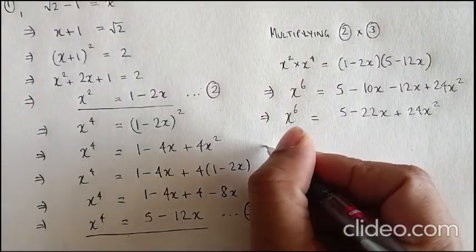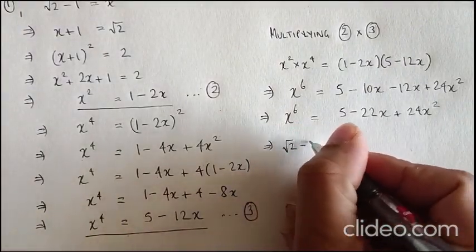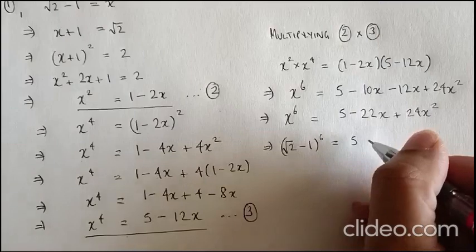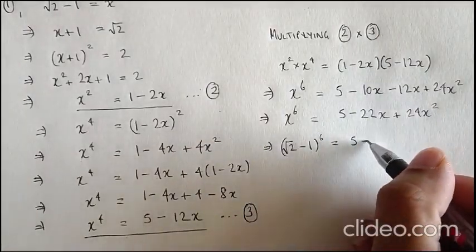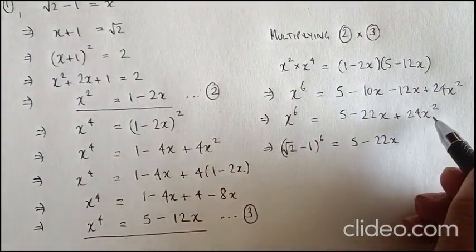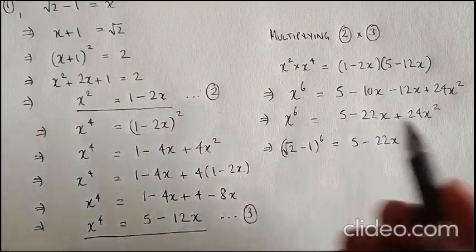So this gives us root 2 minus 1 whole to the power of 6 is equal to 5 minus 22x, right, plus 24x squared. So x squared is again 1 minus 2x, right?